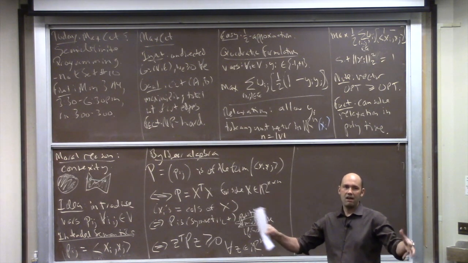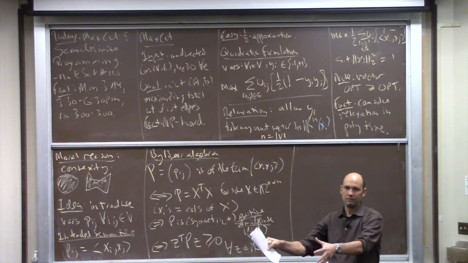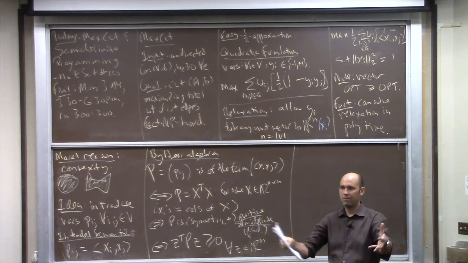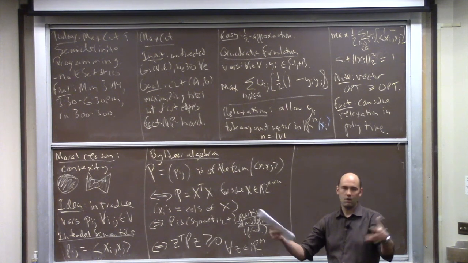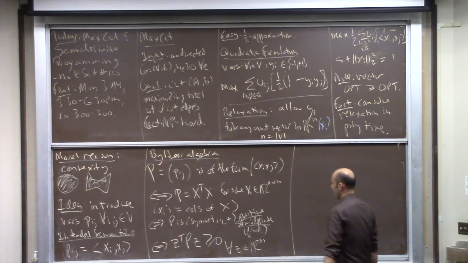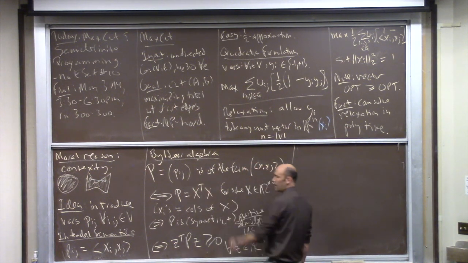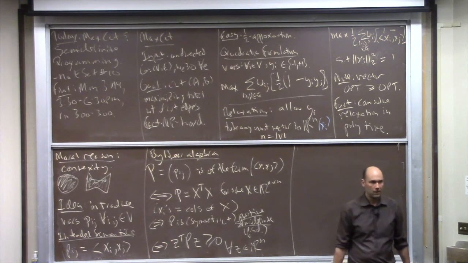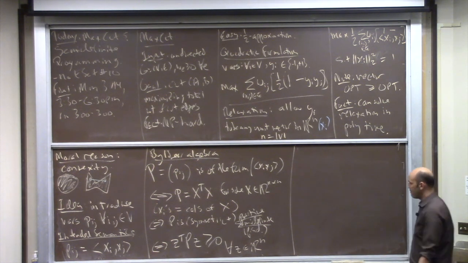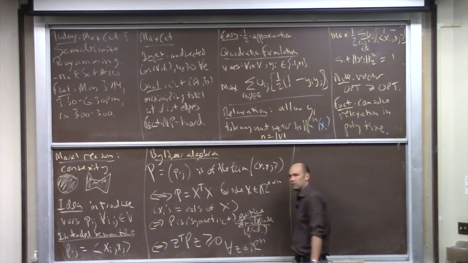Well, now we just have XZ transpose times XZ. That is, a vector dot product with itself. That's always non-negative, just the squared norm of the vector. So if P is like this, stick a Z transpose on the left and a Z on the right, and it's obvious that you get a non-negative number. The converse is not obvious, but especially if you have the eigenvalue characterization, it's very easy to prove.